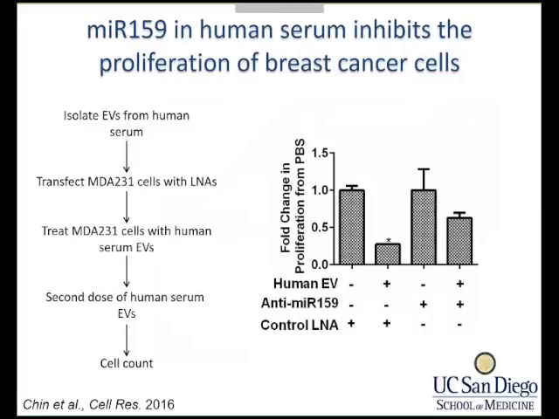So the next thing we did is to confirm human sera contains sufficient levels of miR-159 to inhibit cell proliferation.